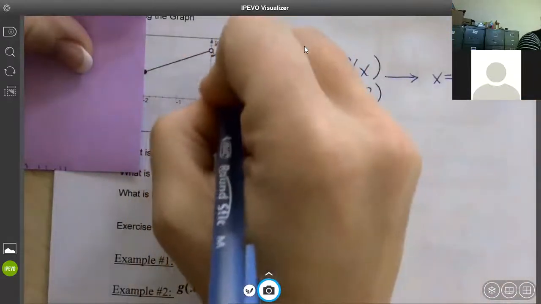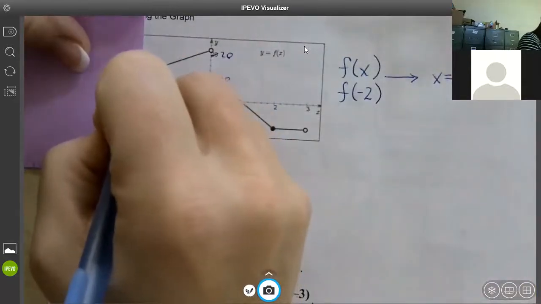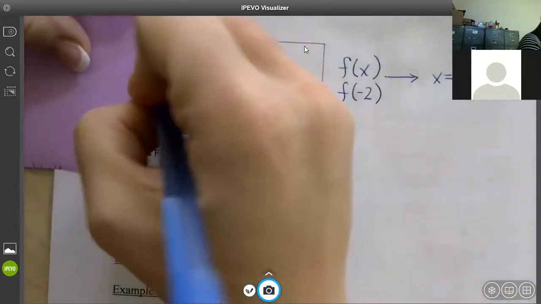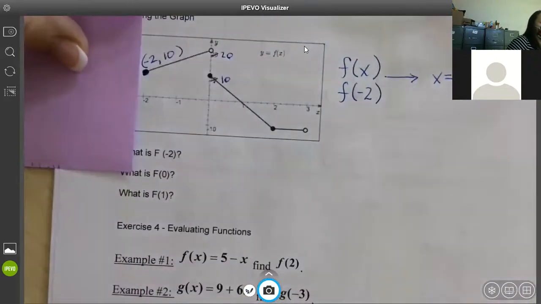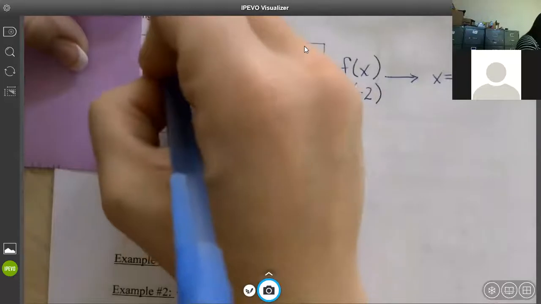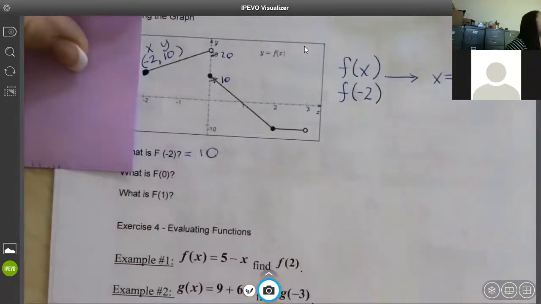What is this coordinate right here? It is negative 2, 10. So when x is negative 2, y is 10, which means that f of negative 2 equals 10. So it's asking, what is on the graph when x is negative 2?